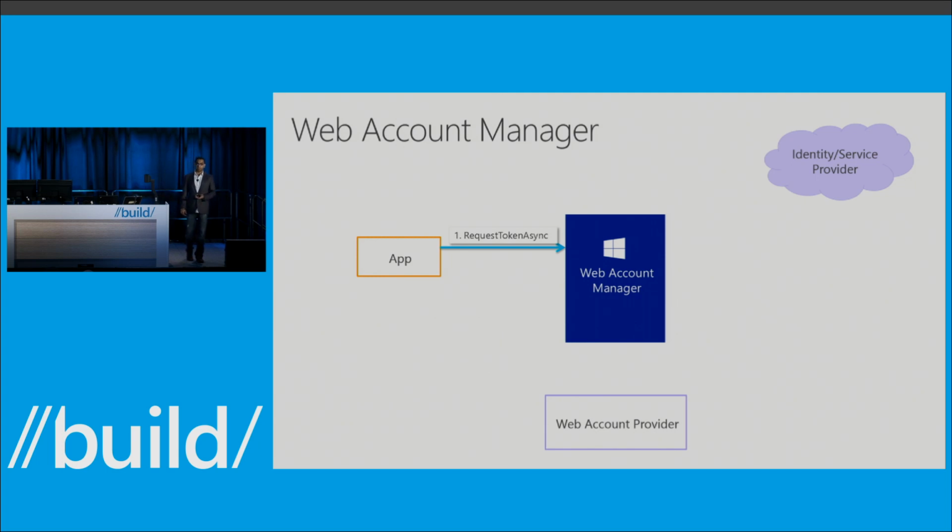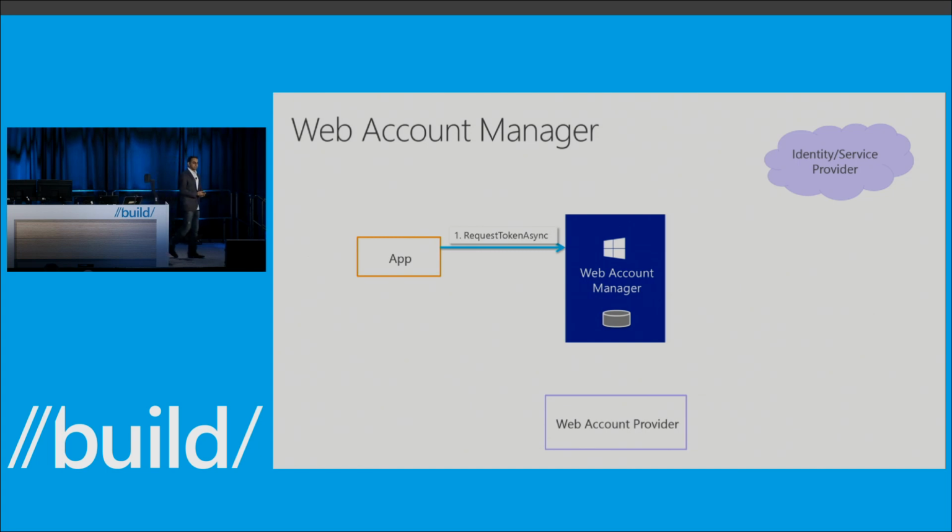The first thing it does is figure out, do I already know about this account or this request in my cache? And if so, I'm just going to return it to you. This is obviously to make sure that performance is of utmost importance. Let's say there was nothing in the cache.